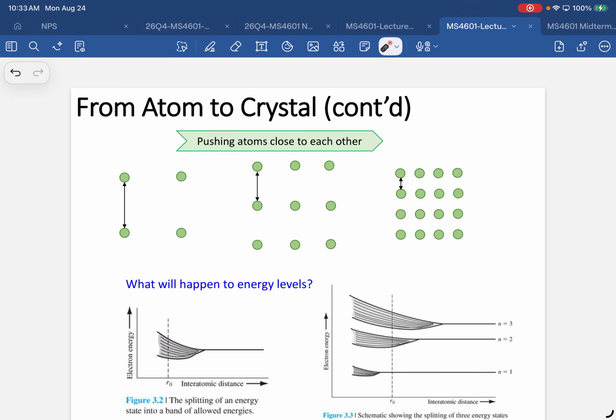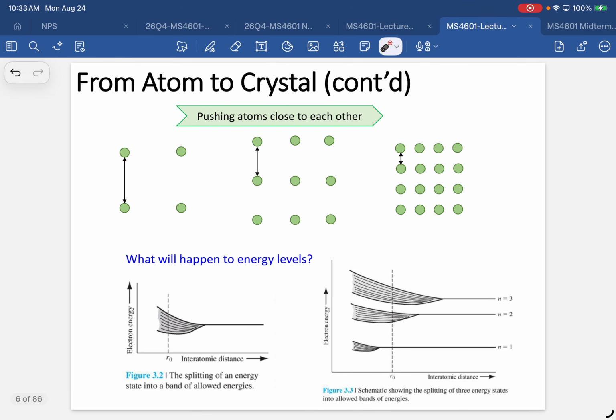What happens is, when it was far away, the atoms were essentially isolated. In the isolated state, it has just an energy level, like what we obtain from the Schrödinger equation. It doesn't do anything because there are no interactions, right?